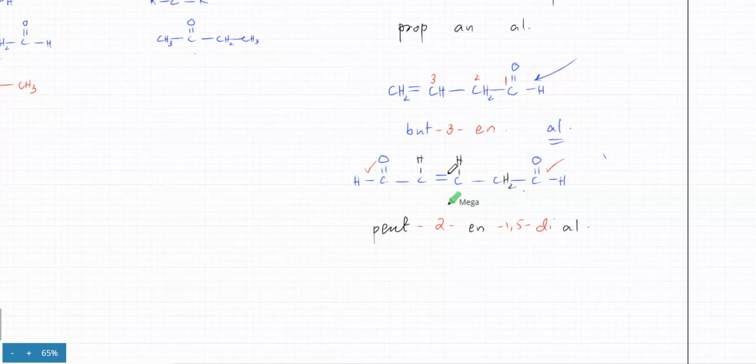For aldehydes it doesn't really matter. You count from this side, this is 1, this is 5. You count from the other side, this would still be 1, this would still be 5. So the only part left for the smaller number is the double bond. So it's going to be pent-2-en-1,5-dial, and 1,5 is not really needed.